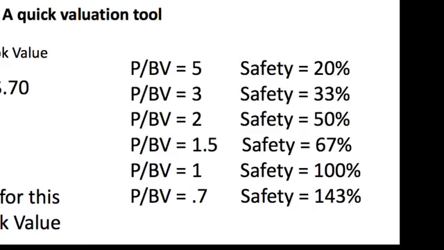As you go down those numbers through 3, 2, 1.5 to 1, and then 0.7, you can see how that safety changes. When the price to book value is 1, that means if you bought the business for $100,000 and sold it immediately after, you could liquidate the business and get $100,000. That's what a price to book of 1 equals.